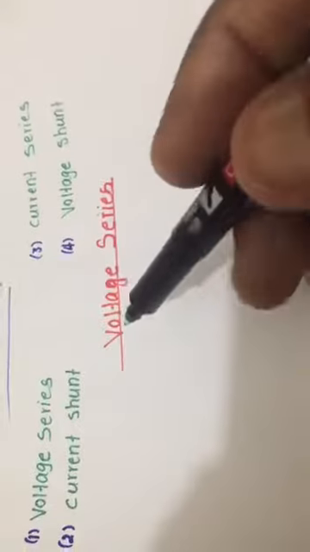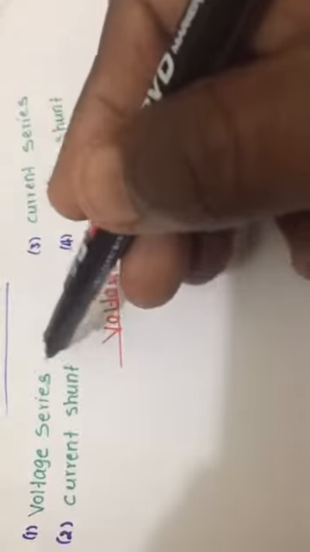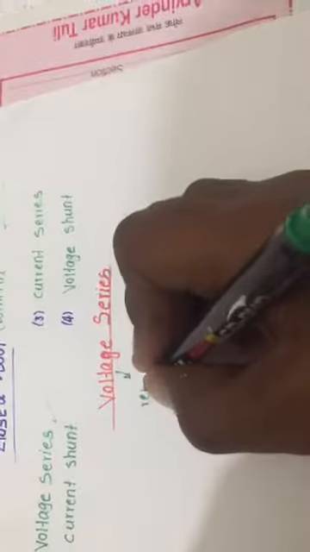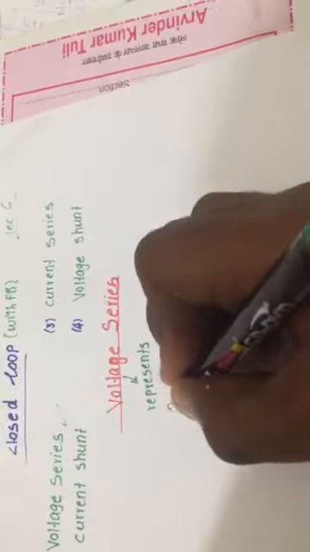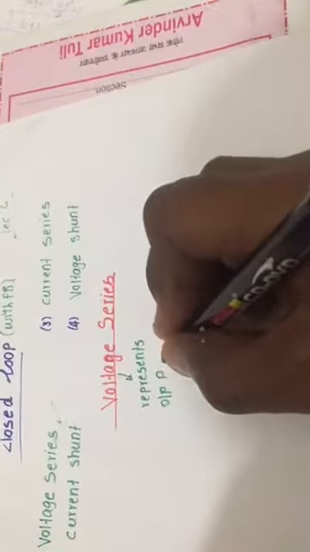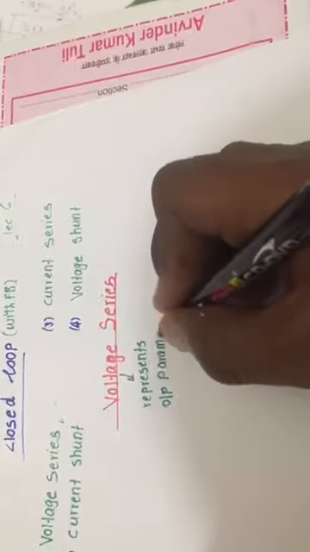If we discuss first of all the first part, which is voltage series, here we have to divide it into two types, the voltage and the series. This voltage represents the output parameter.